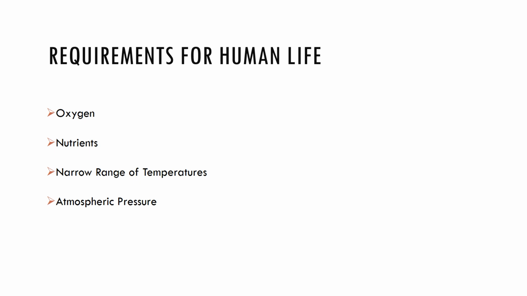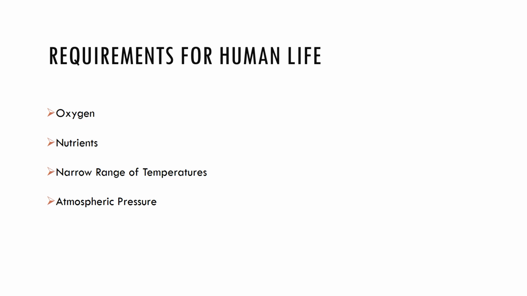We also need a stable atmospheric pressure. Atmospheric pressure is the pressure exerted by the mixture of gases, which are primarily nitrogen and oxygen, in the Earth's atmosphere. Although you may not perceive it readily, atmospheric pressure is constantly pressing down on your body.